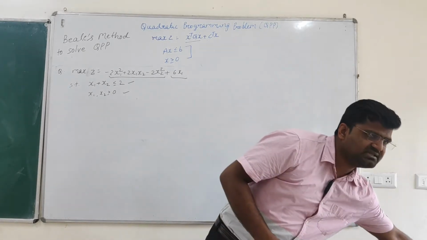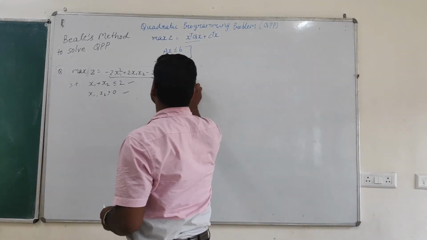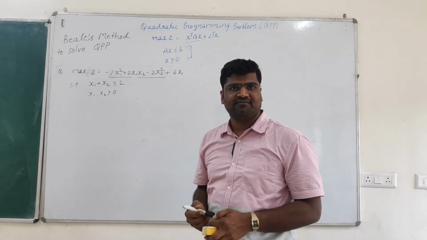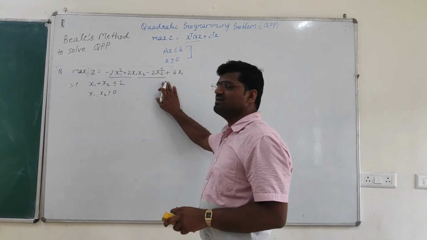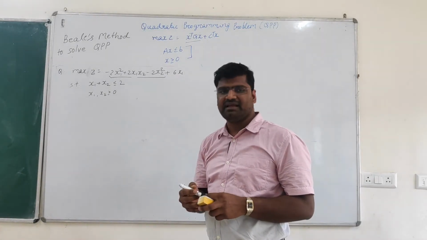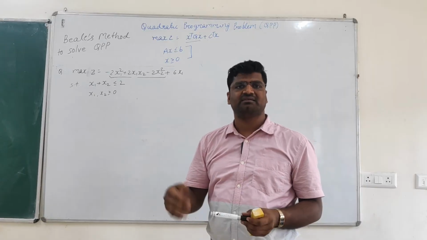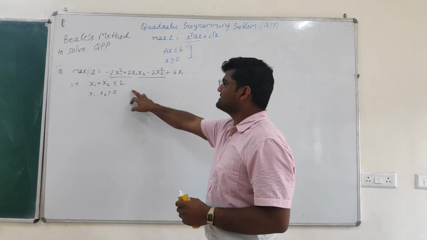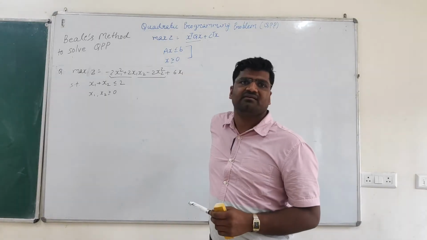So the problem is already given in the form of a quadratic programming problem. It is already in the standard form because the problem is given in the maximization form. If it is minimization, we can multiply the objective function by -1 and convert it to maximum form. But it is already in maximum form. Constraints are given in the Ax less than or equal to b format.